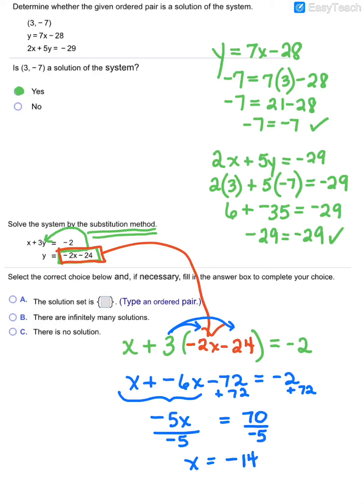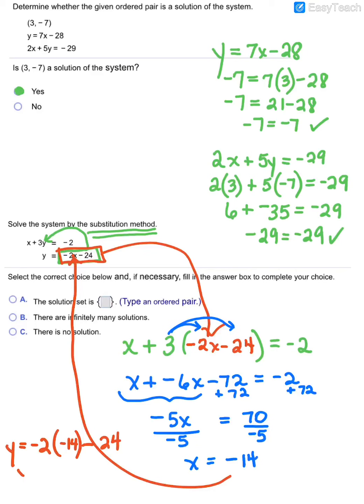In order to find your y, you then have to plug that back into one of the two original equations. Probably easiest to plug it into this one since they already have y by itself. So y is equal to negative 2 times our x value of negative 14, and then minus 24. So negative 2 times negative 14 would be positive 28.